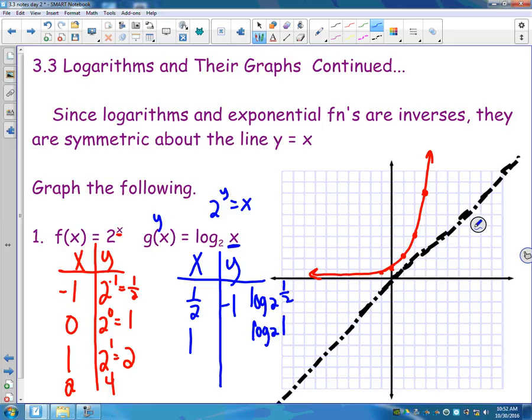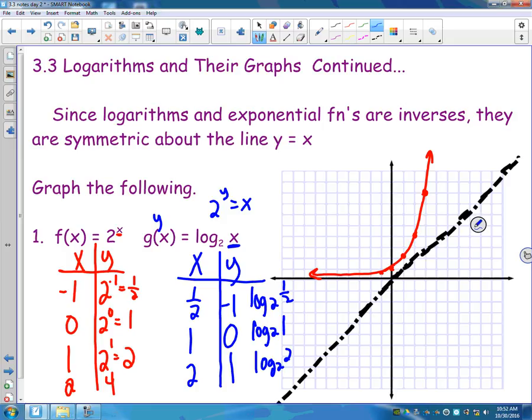This is saying 2 to what power equals 1. So the x's are now the answers, and the y's are the exponents. Remember, a logarithm is just an exponent. So 2 to the what equals 1? Well, that's 2 to the 0. And if I picked 2, log base 2 of 2, 2 to the what equals 2, and the answer is 1.